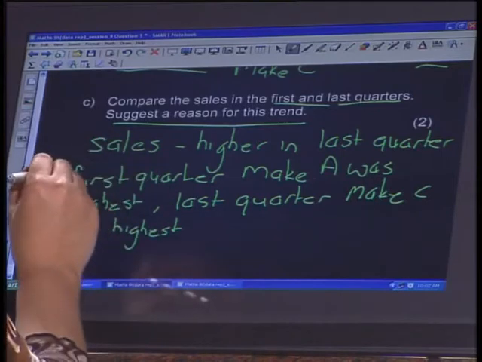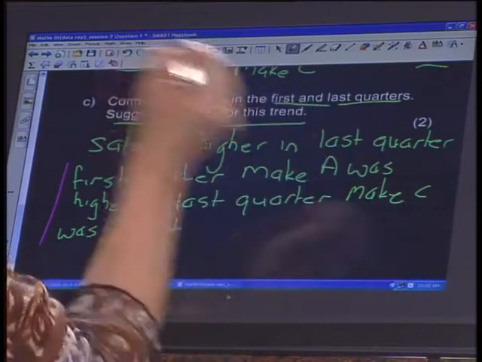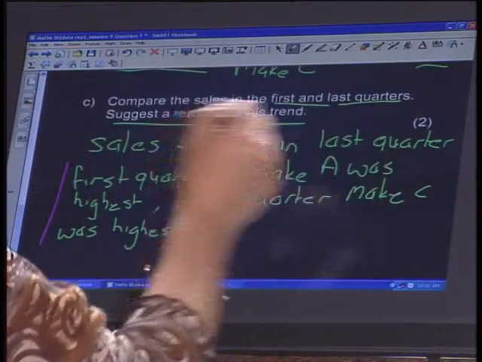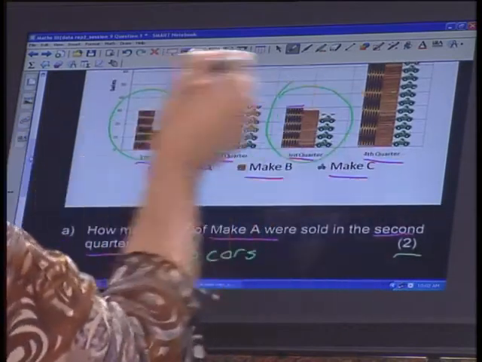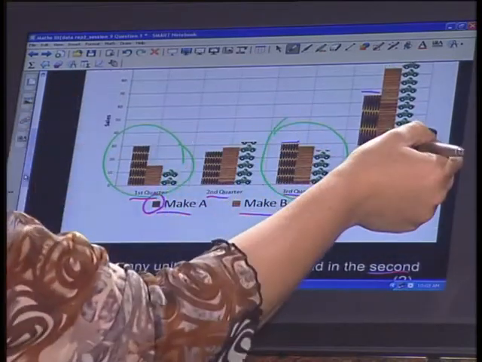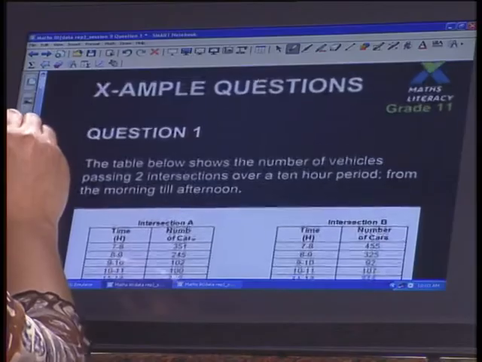Let's just try and find a reason for this second part where we said in the first quarter make A was highest, whereas then it was make C. And a reason I could give, well, maybe make C actually became cheaper. But any valid reason that you can think of, and you give us the reason, and you will probably be allocated the marks. Right, let's see what the next part of the question is.